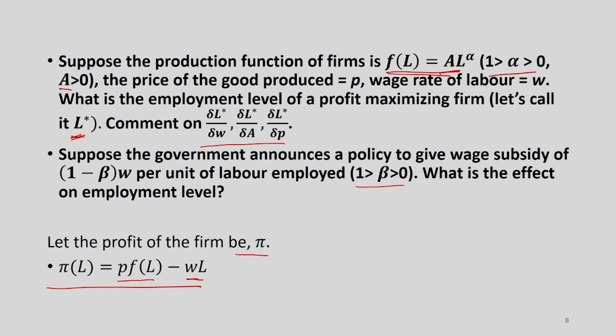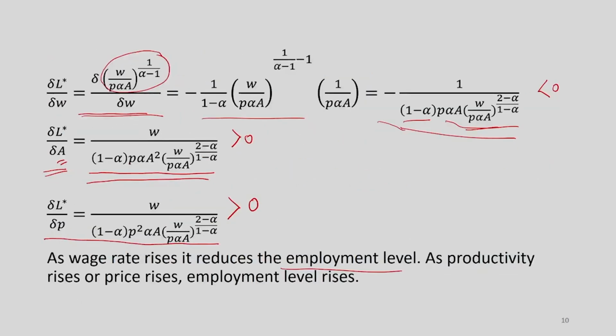So, that is why one can think of capital A as a marker of productivity. So, as productivity rises or as price rises, small p is the price, as we can see L star goes on rising, because the partial derivatives are positive.